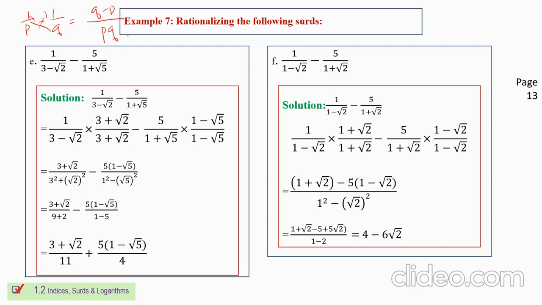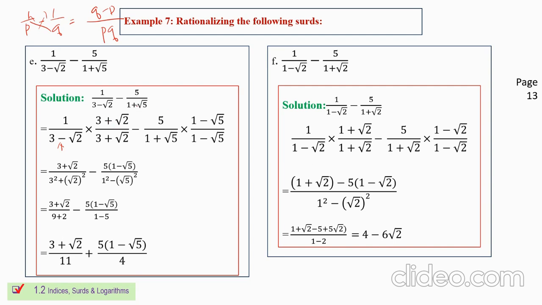You can do so. But over here, I show you that we can just multiply the denominators separately. So the first term is 3 minus surd 2. I multiply by the conjugate, changing the sign of the minus to become plus. So I multiply with a pair of the conjugate, 3 plus surd 2.